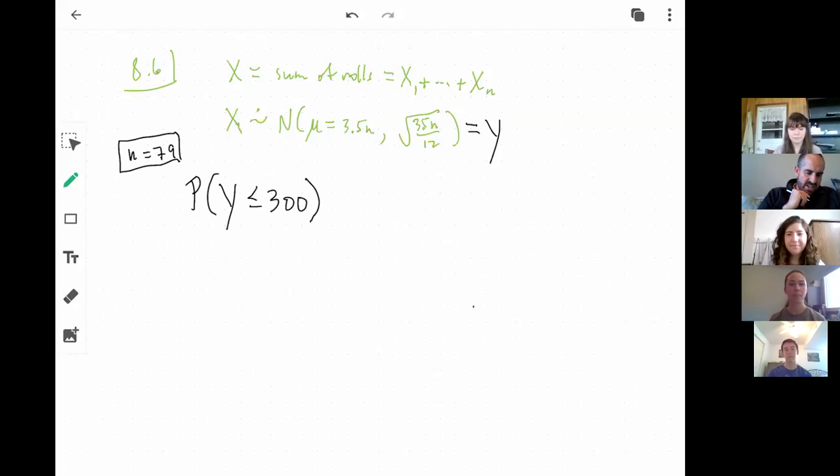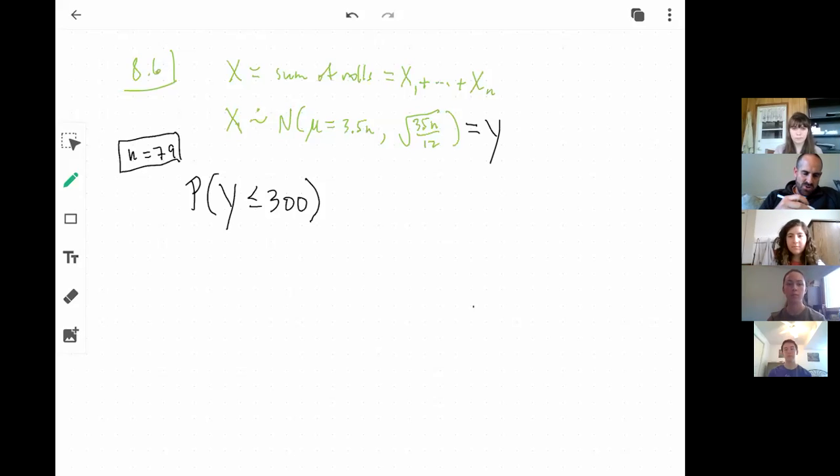Okay, so that means that if we do 79 rolls, then that's true. So this would mean that it's going to take at least 80 rolls. So that's exactly right, right? This happens if and only if it took at least 80 rolls for that to occur.